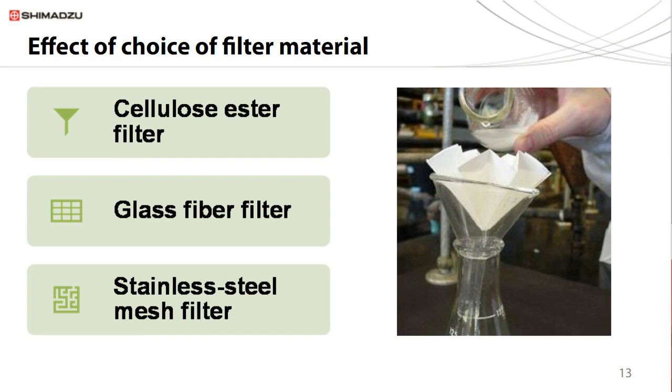In order to determine the best filter material, we tested three types of commonly used filters to filter microplastics: cellulose ester filter, glass fiber filter, and stainless steel mesh filter. All three types are commonly used to filter microplastics from aqueous samples.